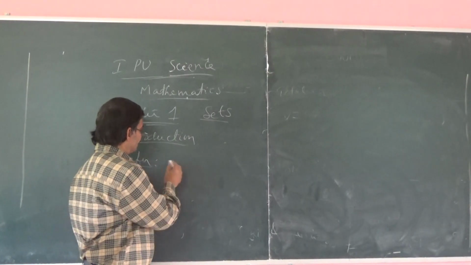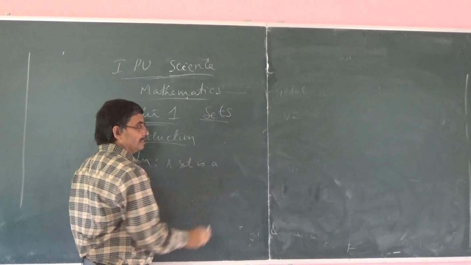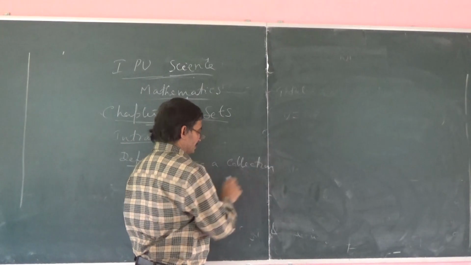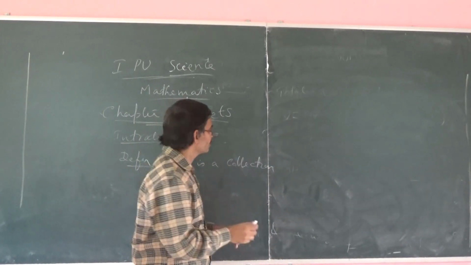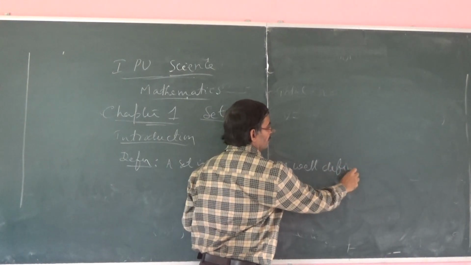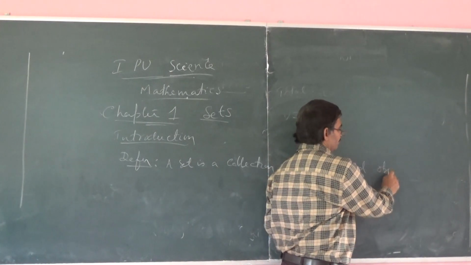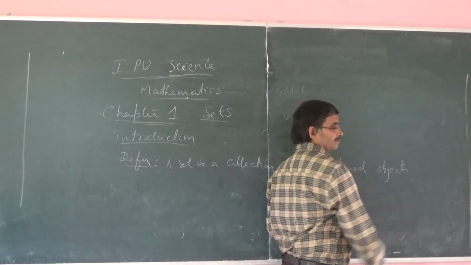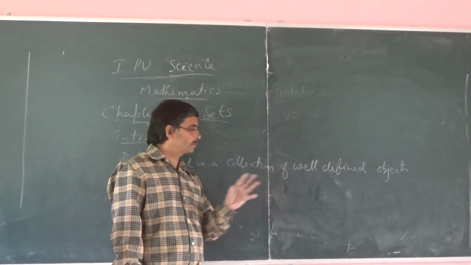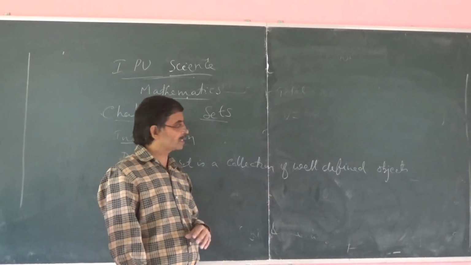A set definition is like this. A set is a collection of well-defined objects is the term used, or you can use some other terms also, elements, or numbers also you can use.